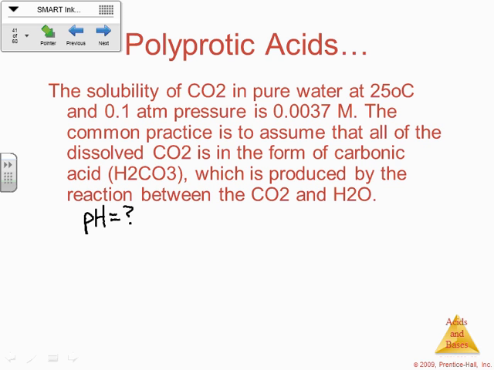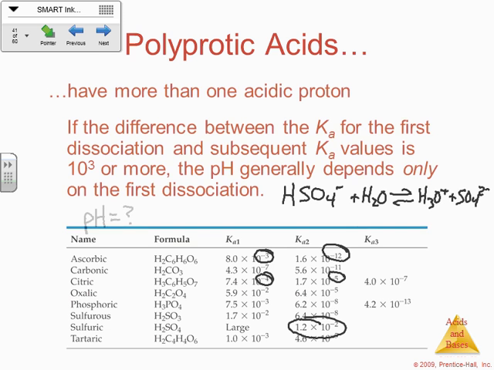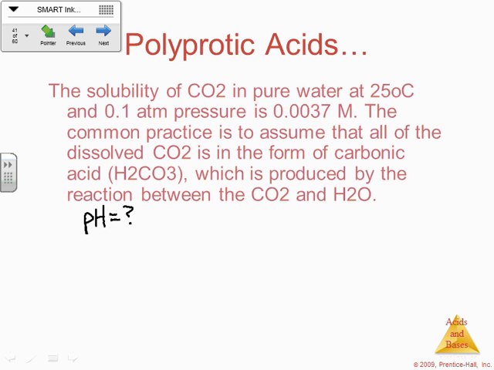So you got 4.3 times 10 to the negative 7th. Actually, you don't see that unless you're looking at the book. But carbonic, 4.3 times 10 to the negative 7th versus 5.6 times 10 to the negative 11th, okay? So there's a difference of 4 in their exponents there, so that's greater than a 10 to the third difference. So that's kind of nice because we can basically just use the first one to figure out what our pH is. So then you're just solving it like most of the ones that you've done before.